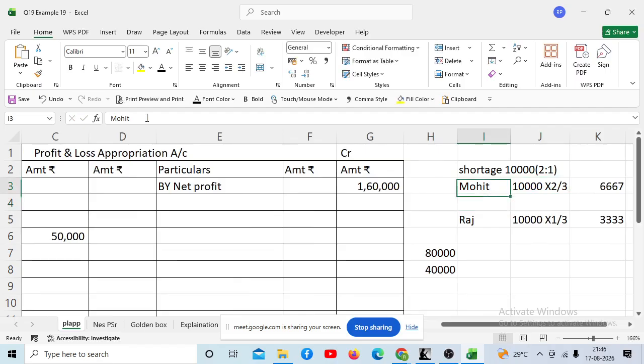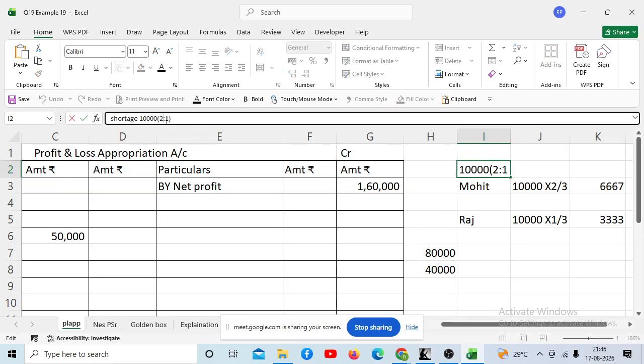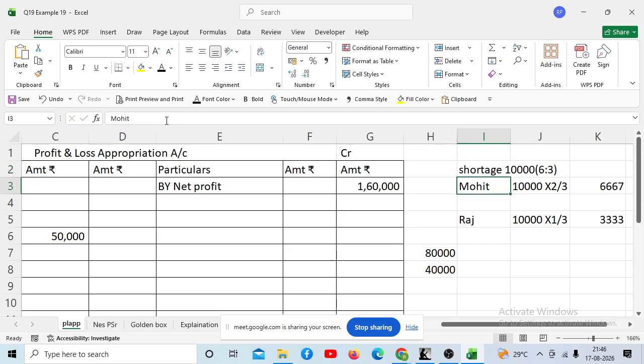And if you are not reducing, then the ratio is 6 is to 3. I had reduced it, no? So it is 2 is to 1. But then we have to share only among these two, so we will not consider the third partner. Okay, only these two will share.